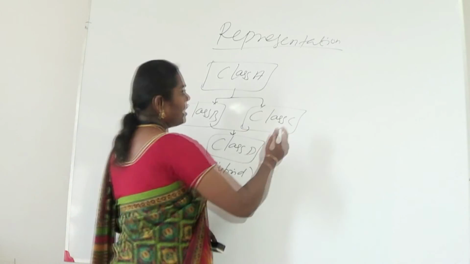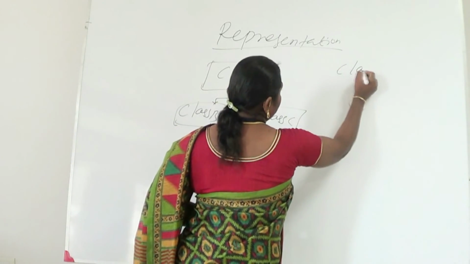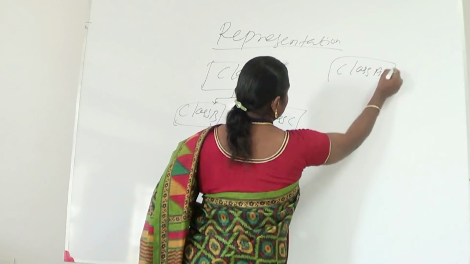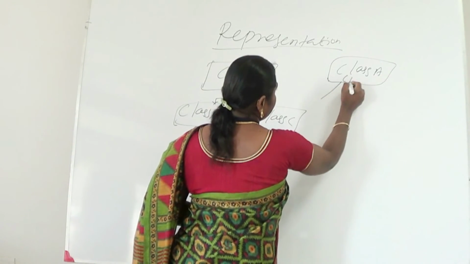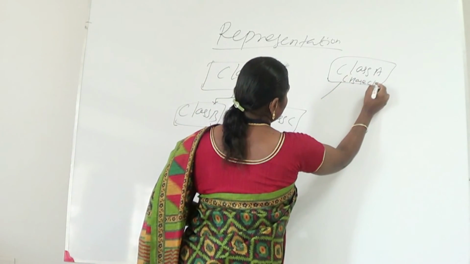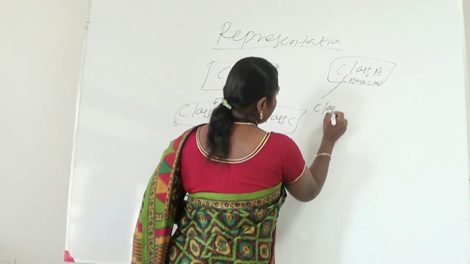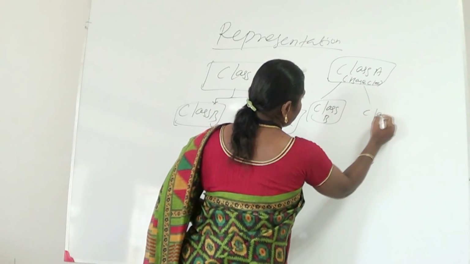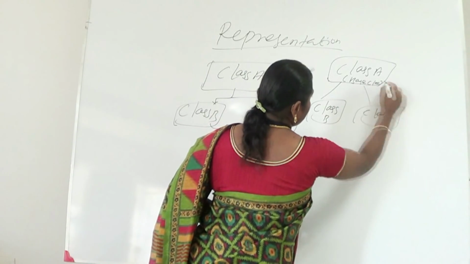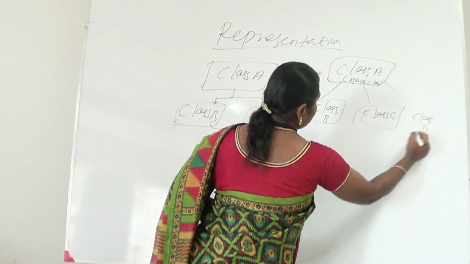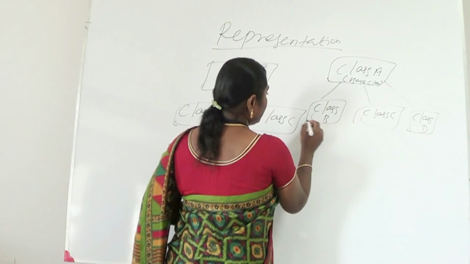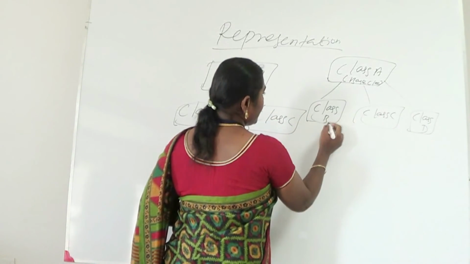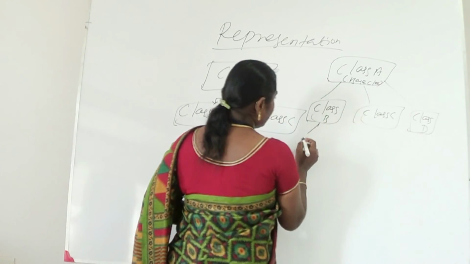And the last one is hierarchical inheritance. Here we specify the base class. There are several subclasses: Class B, Class C, Class D. So these are the derived classes or subclasses.